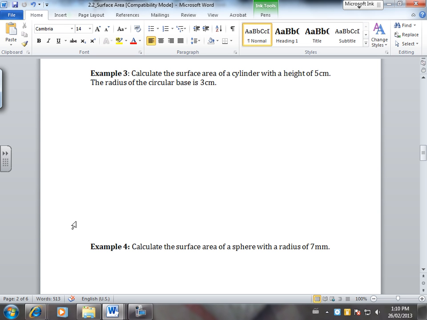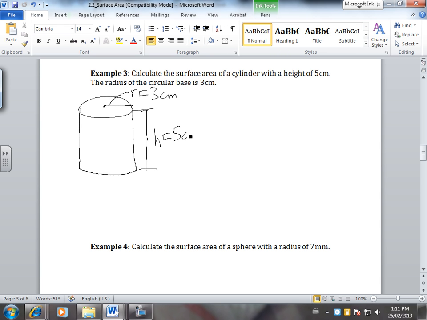So a cylinder is like a pop can, or like a tube of some sort. So we're told that the radius is 3 centimeters, r equals 3 centimeters, and the height equals 5 centimeters.